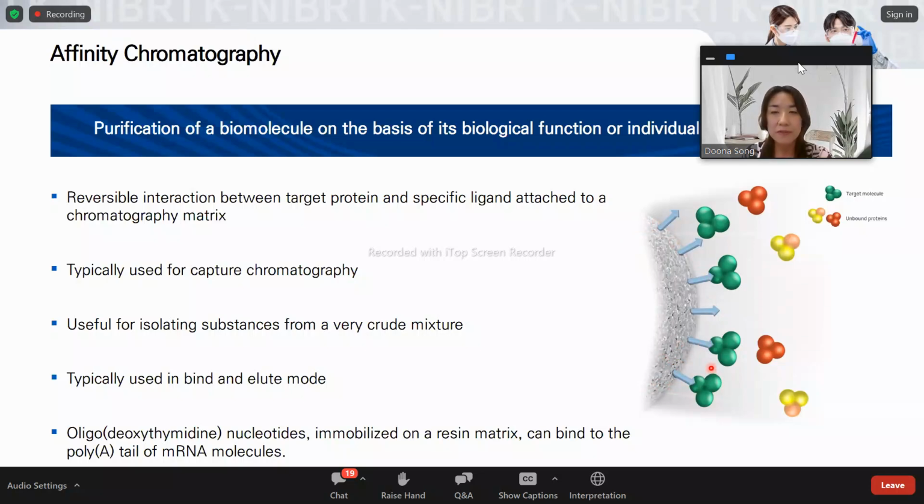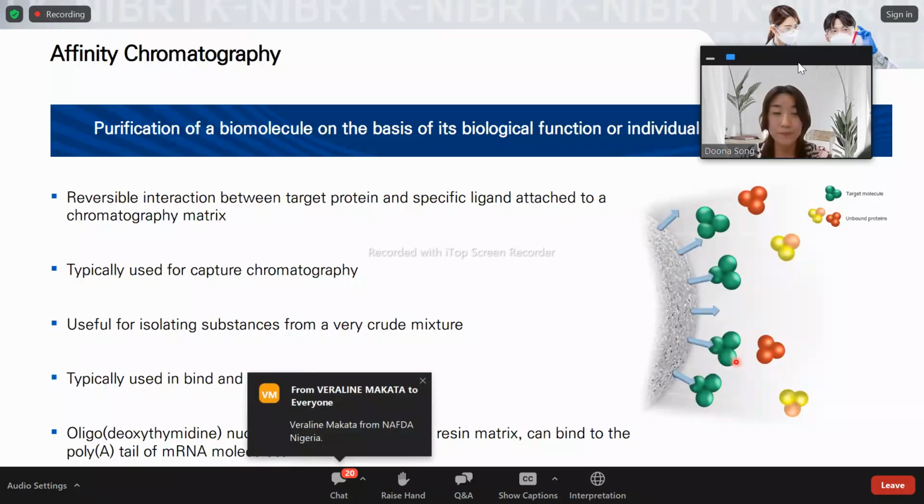Affinity chromatography is often used for capturing specific molecules from a mixture, and it's particularly useful for isolating components from very crude mixtures. Typically, this method operates in bind and elute mode. The target molecule binds to the resin and is then eluted and released in purified form.